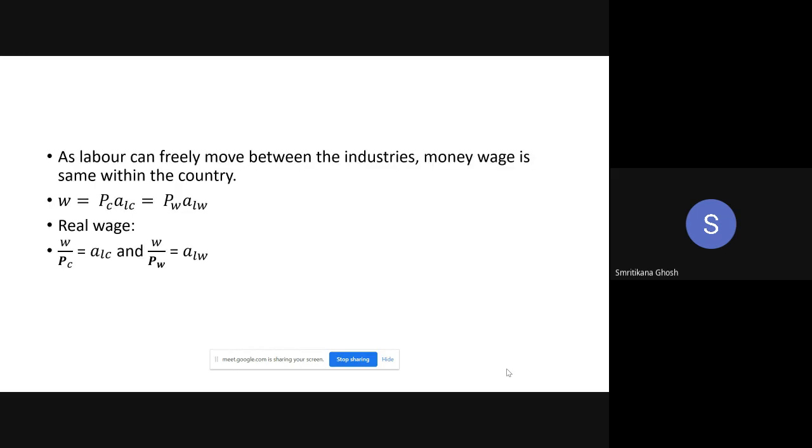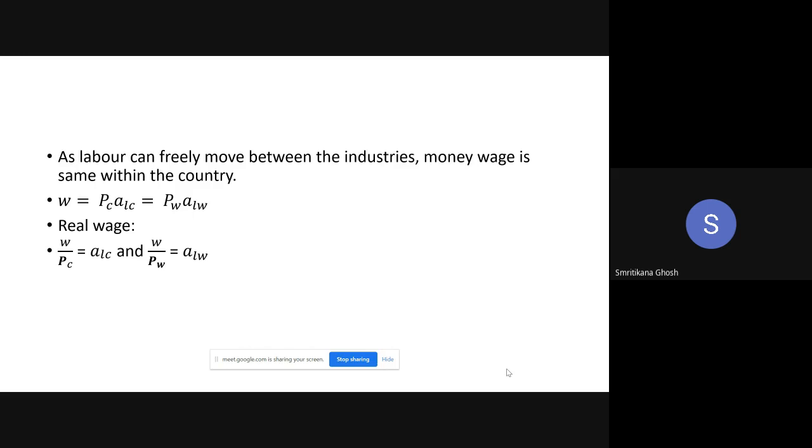Look, as labor can freely move between the industries, money wage is the same within the country, right? This is the assumption of Ricardo, that labor can produce cheese, labor can produce wine, and they are equally productive for both commodities.